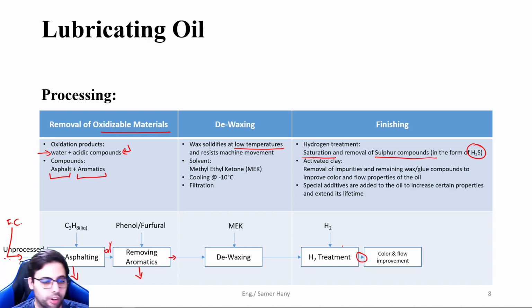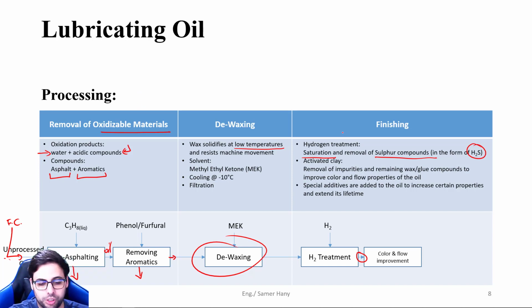Where does the color come from, and why is the flow not optimum or not already improved? Because we could have some waxes from the previous unit that could affect the flow of the oil, and also we can have some very fine solid particles in the oil that are still not separated.